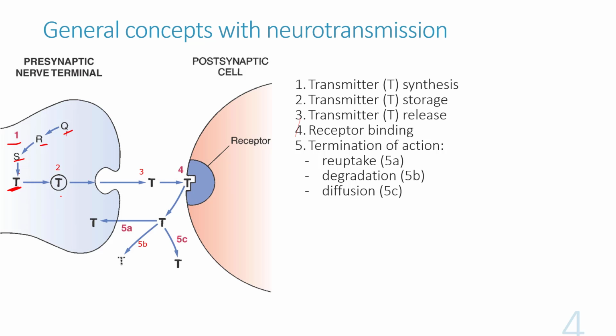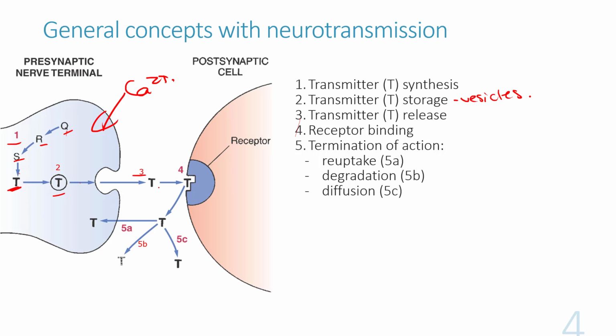And then step number 2, the transmitter is stored and packaged in vesicles. And then at some point, the transmitter has to be released in step 3. That's with the influx of calcium, which will make the vesicles bind to the membrane and then fuse with the membrane and then release the transmitter.